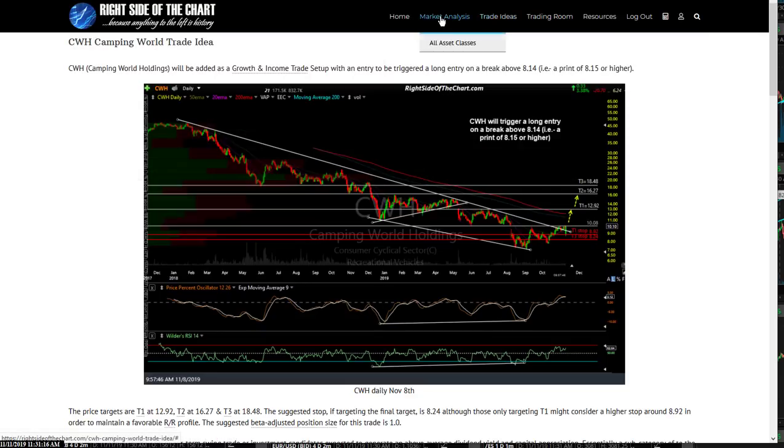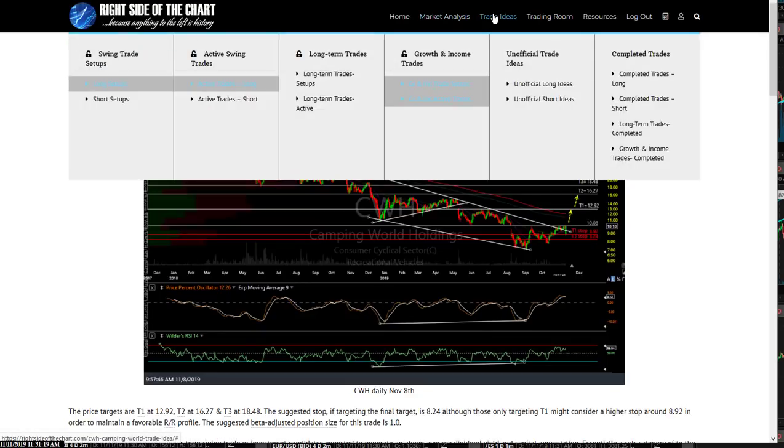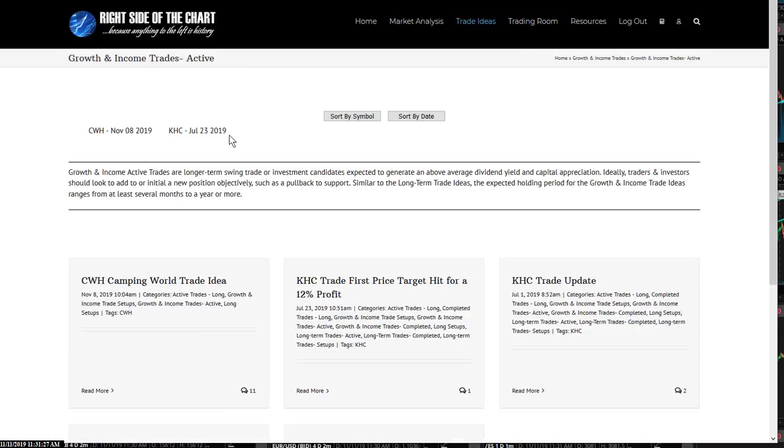And then finally, this is an important thing to make mention of. When you come into these categories, for example, growth and income trades, let's say we go look at the active trades right now. In that category, you're going to see two. But Camping World's the only one that's active at this point in time. KHC, again, this is just me. I don't do a perfect job of updating these trade ideas, although I'm going to say this right now, and I've said it many times before.